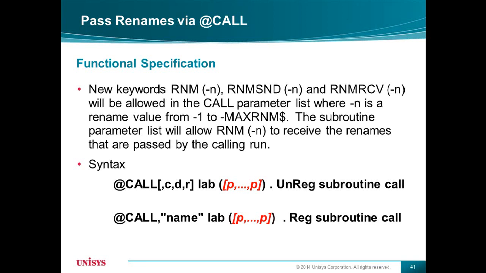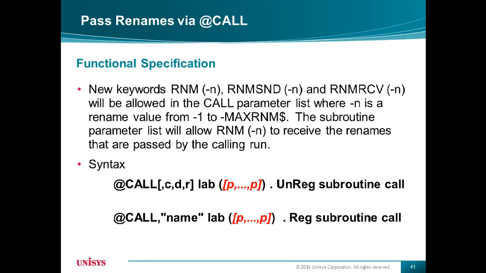The next one is RNM receive. RNM receive always sends a void report, just a rename report that does not exist. That's a valid rename report, I would say, from -1 to -16. That's the max rename reports we have. This will be available and can be used in the callee, and then you make changes to that, and send it back as a rename report to the caller again with the updated information.